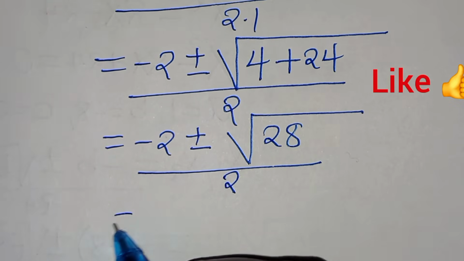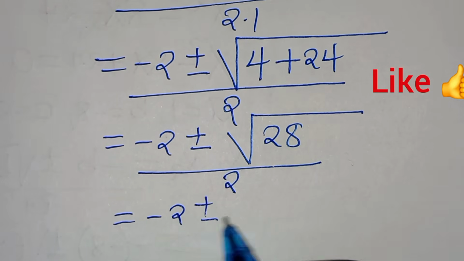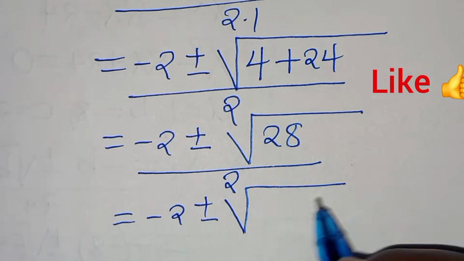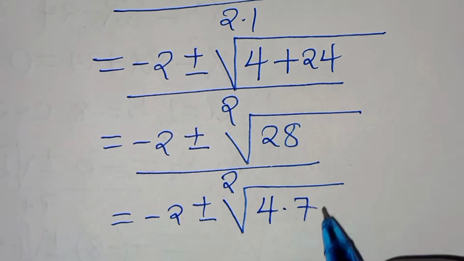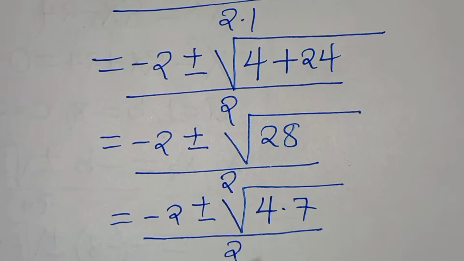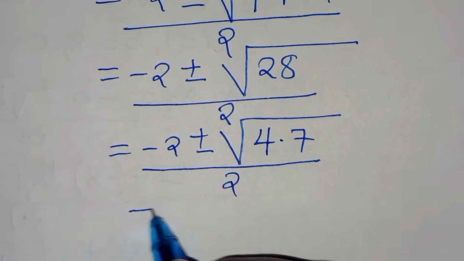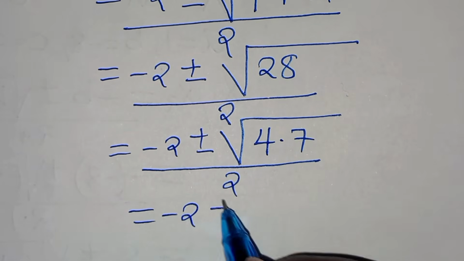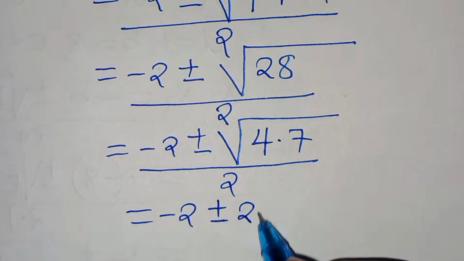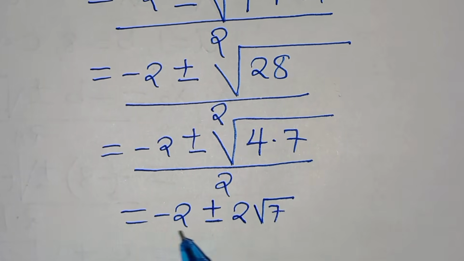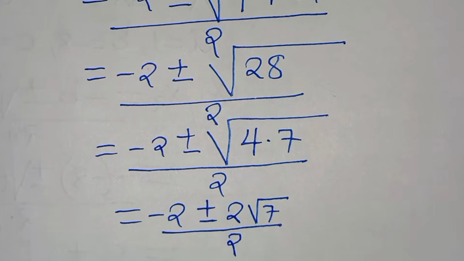Now, this is minus 2 plus or minus. We can express the square root of 28. This is the square root of 4 multiplied by 7 divided by 2. And this implies that we have minus 2 plus or minus the square root of 4. This is 2. Then square root of 7. Everything here divided by 2.